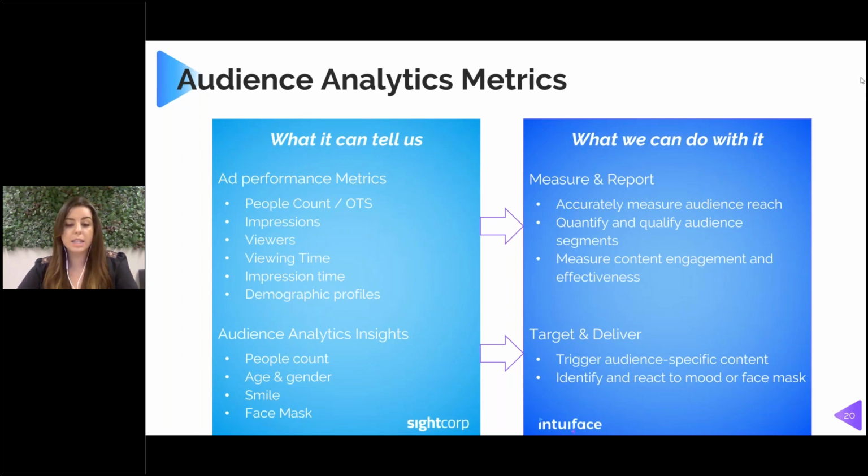So it's basically the same thing that happens with online ads with targeting, but it's even more powerful in this case because you can actually measure the true viewing behavior after the ad is shown. And creative agencies can also create very interactive experiences that, for instance, react to metrics like smile or the mask detection or the head movement. So the possibilities in this case are really endless.